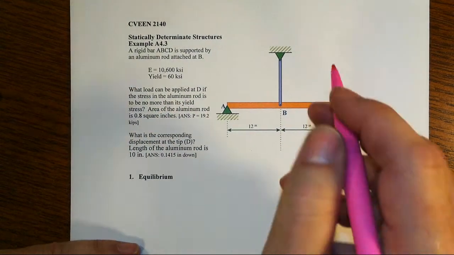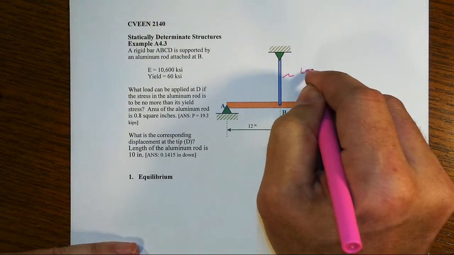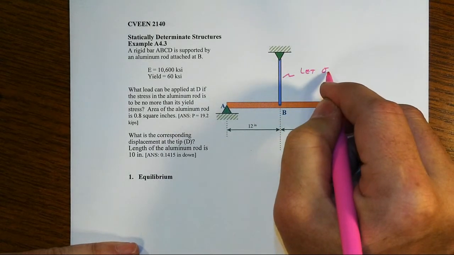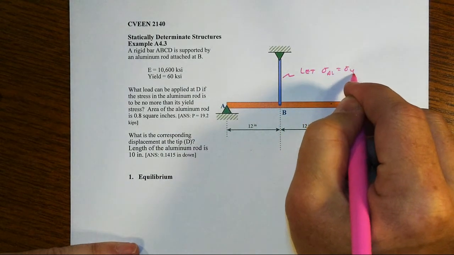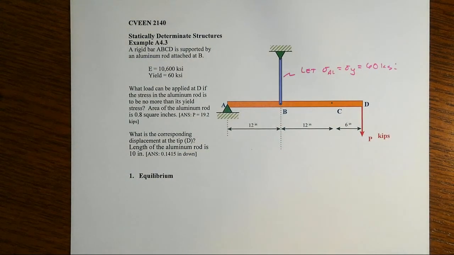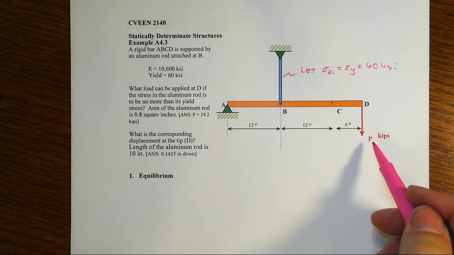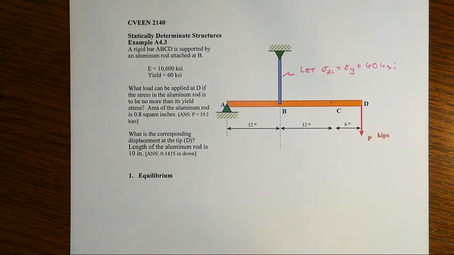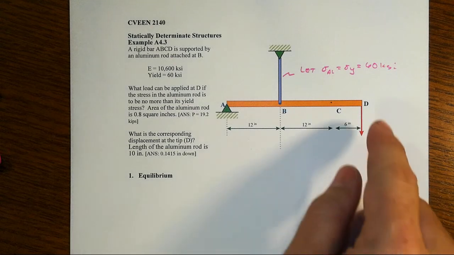So in other words, we're saying let sigma in the aluminum be equal to its yield value, which is 60 ksi, and what's the P, not the axial, but the force out at point D that would cause that stress.